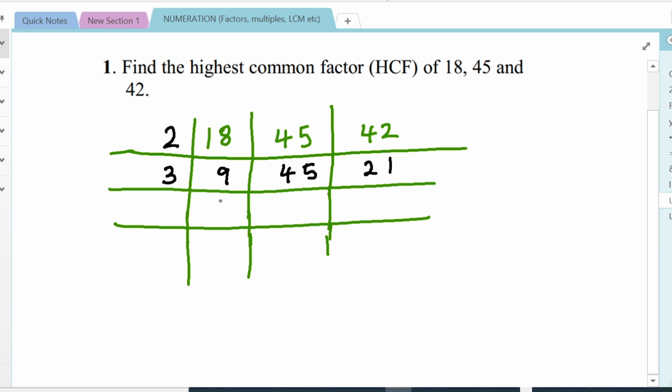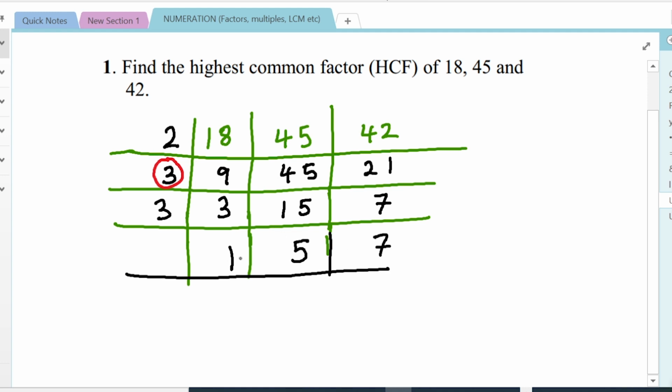9 divided by 3 is 3. 45 divided by 3 is 15. Then that is 7. So you find that here this 3 was able to divide through everything, so let's mark it. So moving on to the next, we divide through by 3. 3 divided by 3 is 1, 15 divided by 3 is 5, 7 divided by 3 is not possible.